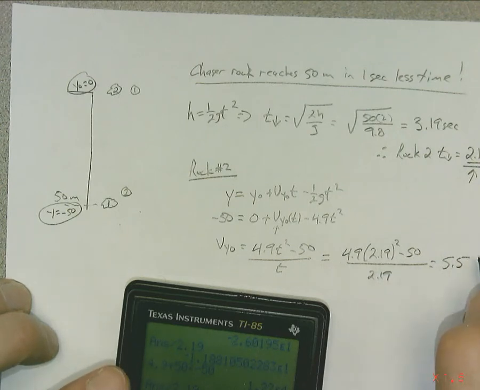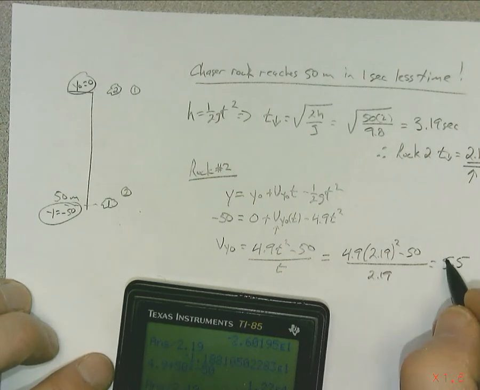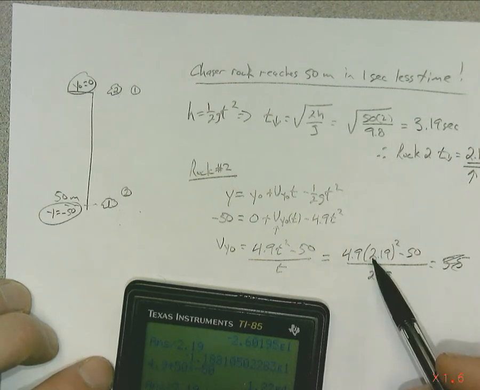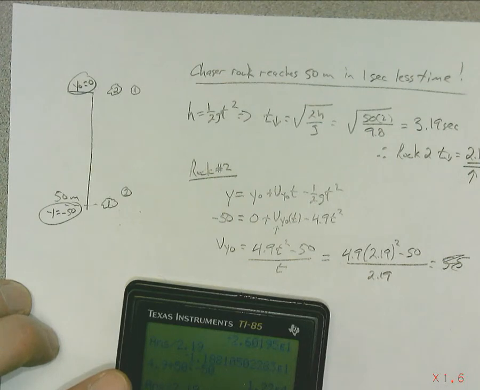I have 5.5 times 10 to the third. Something's really funny. Oh, the calculator had a previous result in there.